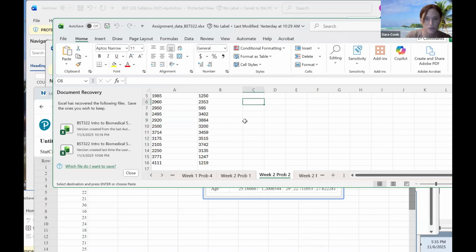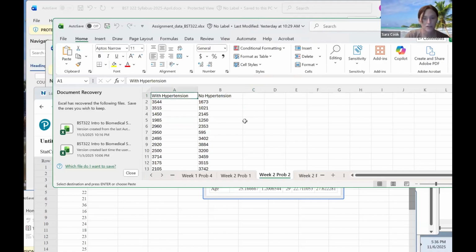Okay, so problem two, this is a more typical scenario where we're comparing two different groups on some outcome. The last one we were comparing a single group to some known value. Usually in a study, we have some sort of comparison group, right?